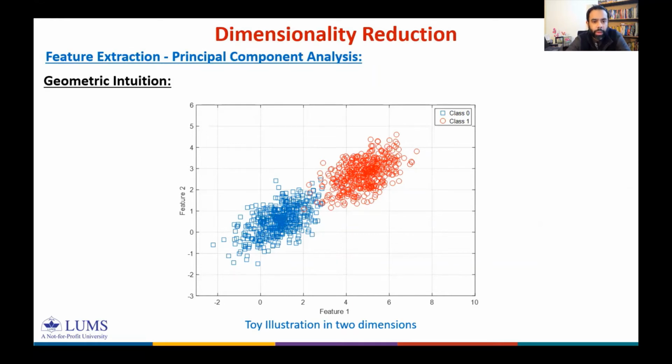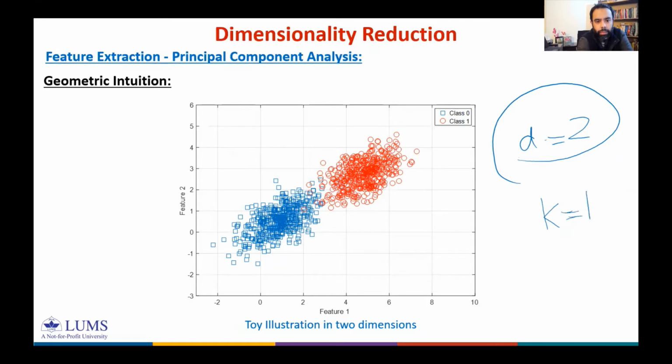Blue data points belong to class 0 and red data points belong to class 1, right? So we have this data set available in R2. What is D here? Let's say D is equal to 2. And say we want to carry out a reduction in dimensionality, and we want K is equal to 1, for example, right?